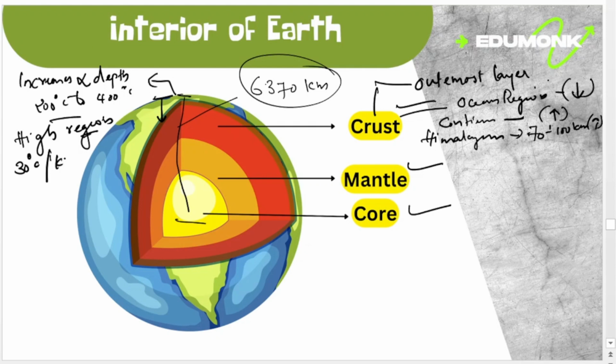In the higher region of the crust, the temperature rises by about 30 degrees Celsius for every kilometer.